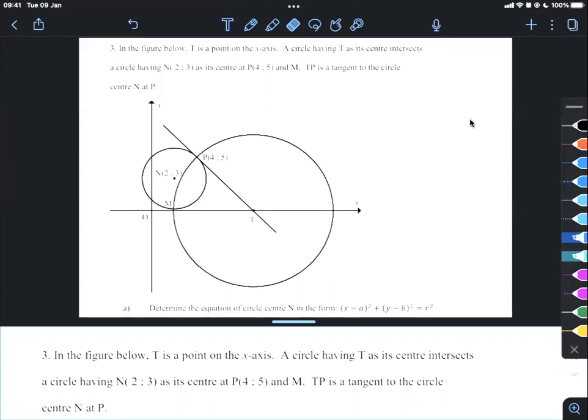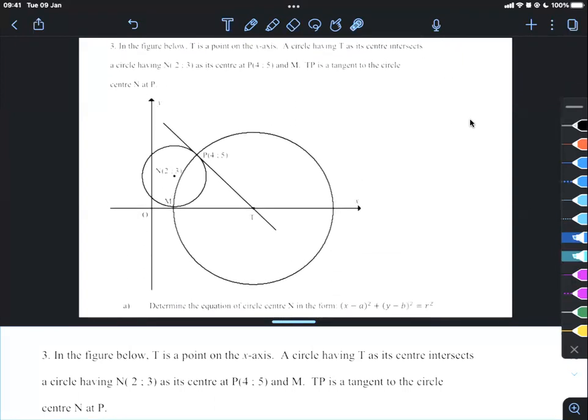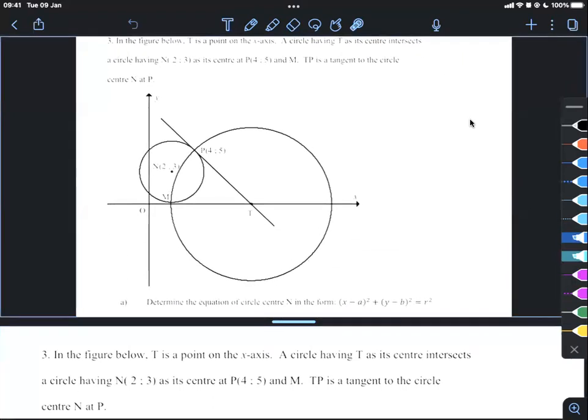Now, if we're trying to find if two circles intersect, you'll find that the distance from the center of each circle to its circumference will be their respective radius.